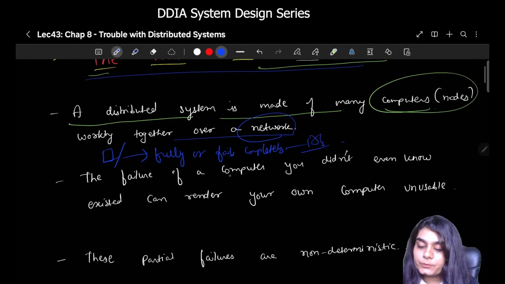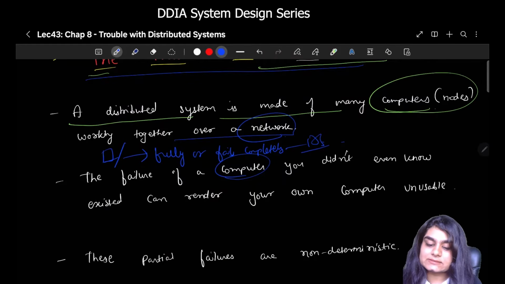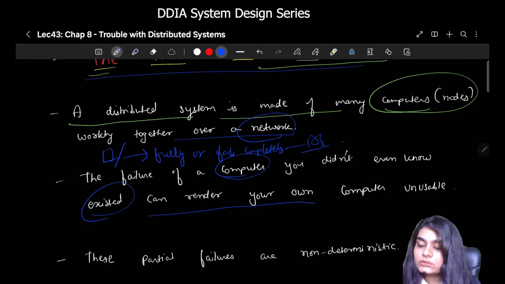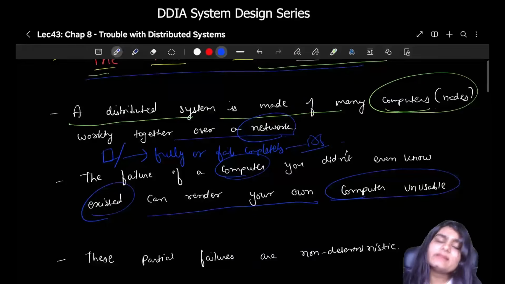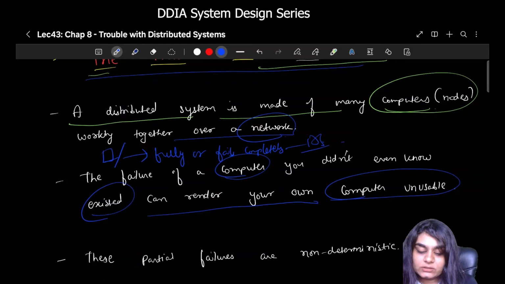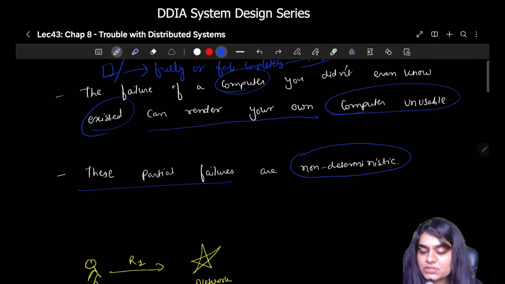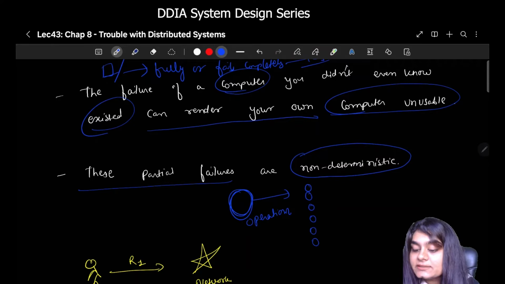The failure of a computer you didn't even know existed can render your own computer unusable. In other words, one part of the system might crash or become slow while other parts keep running. So, these partial failures are non-deterministic. An operation involving multiple nodes might succeed or fail at any time, and you may not even know which node.